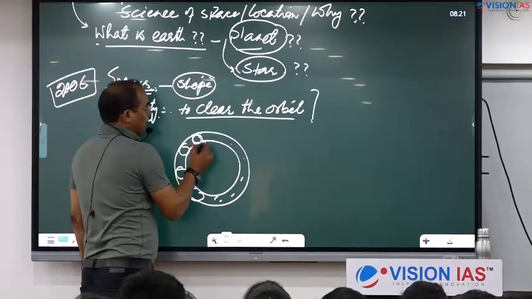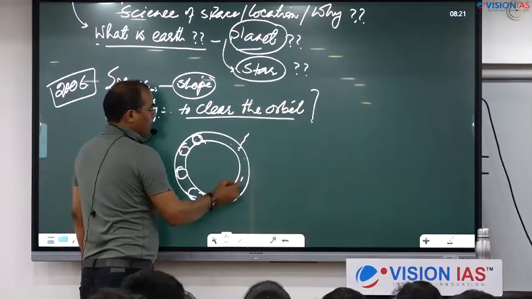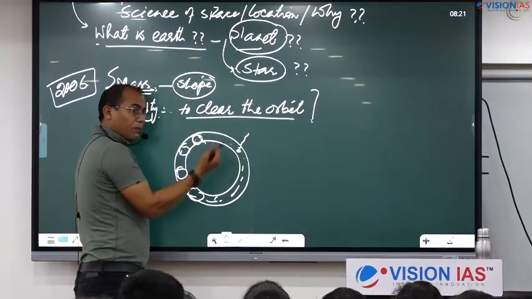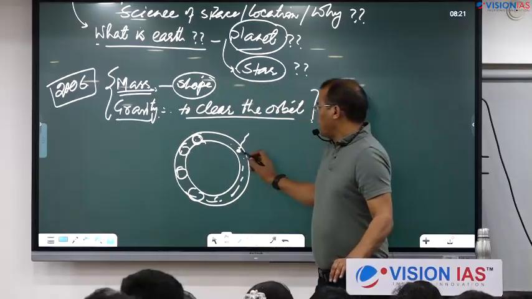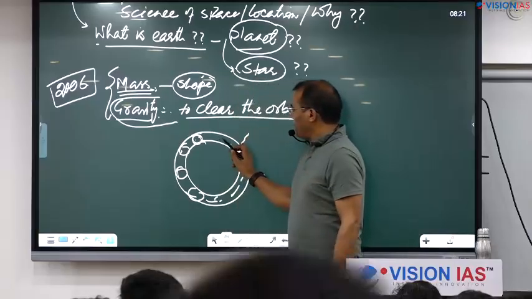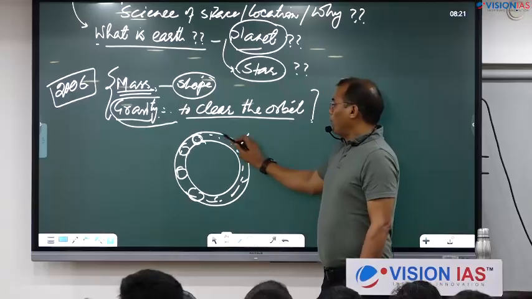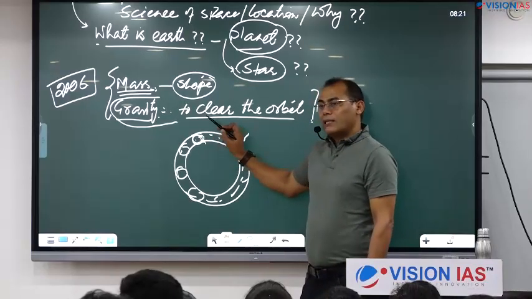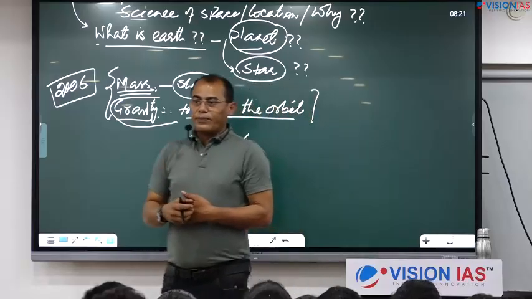Suppose Earth is here, anything is entering here and staying. If it is coming, it will be an integral part of it. It will pull it down and make it an integral part. And that's what enough gravity to clear its own orbit means. Nothing should exist in the orbital plane without the consent of the celestial body. Only then it will be called a planet. Are we clear?